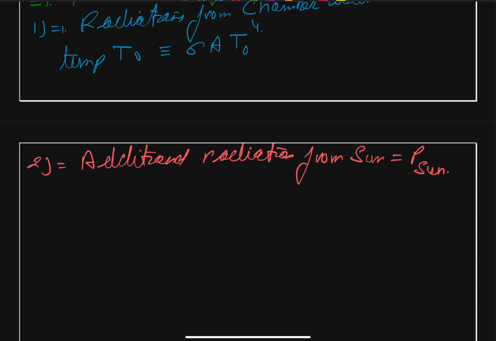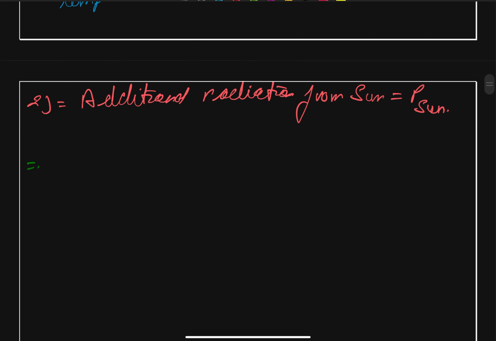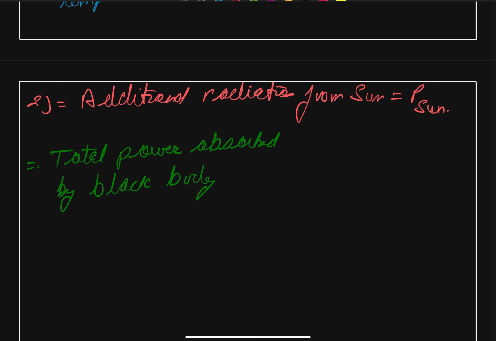So the total power absorbed by the black body, we can call this P absorbed new, will be equal to sigma A T naught to the power 4 plus power because of the sun.